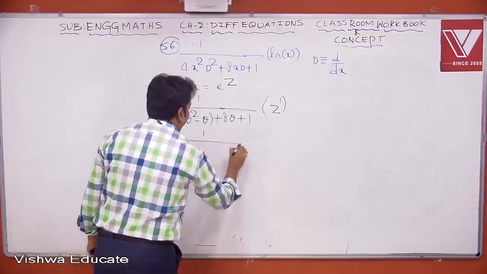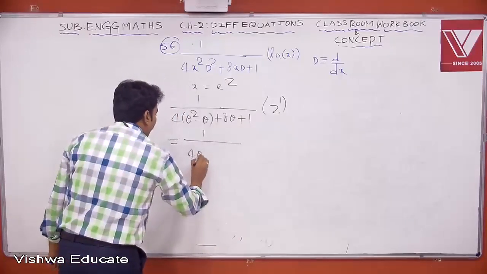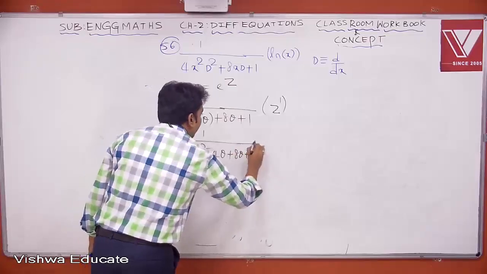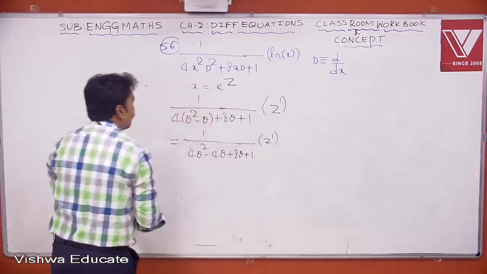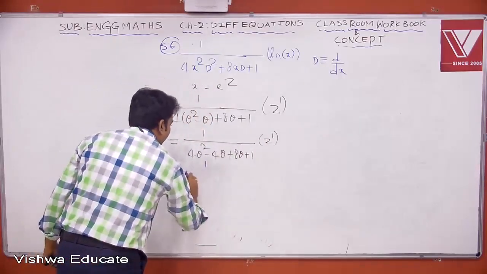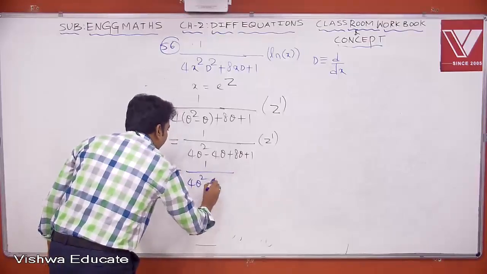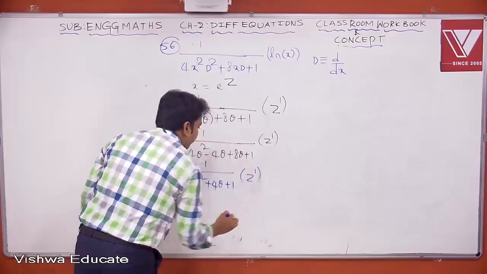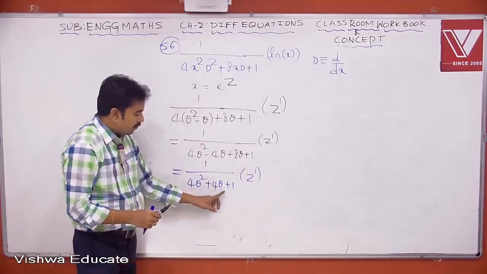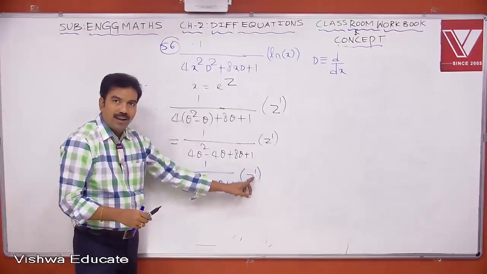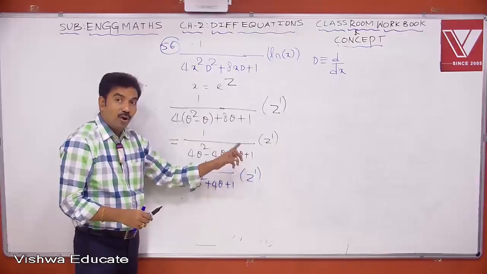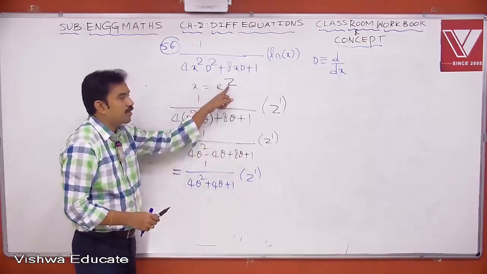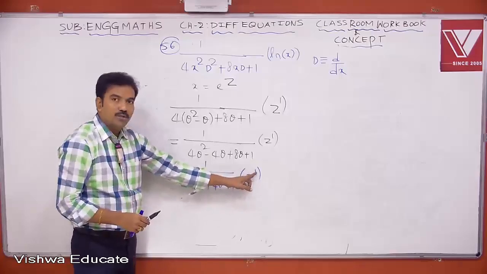So this is 1 divided by (4θ² − 4θ + 8θ + 1) of z^1, which is (4θ² + 4θ + 1) of z^1. Now this is 1 by f(D) of a polynomial expression. Previously we had polynomial expressions in the variable x, but there is no more x because x is converted to z. So this is a polynomial expression.